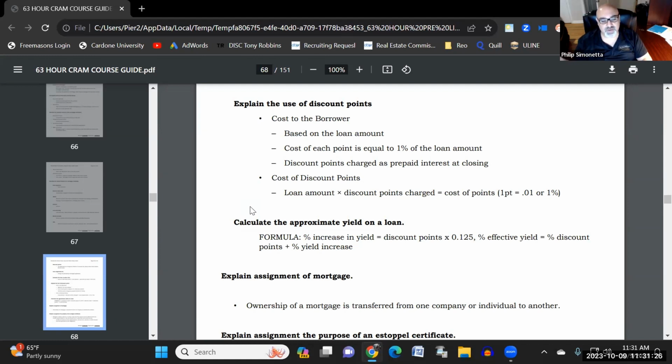That'll be your yield increase. Then you take whatever your rate is, add 0.375, and that gives you the yield on the loan for your APR. Do you see how that calculation works 2 ways? It's 1% to buy them, and then 0.125 for each one to figure out the yield. Does that make sense? Yeah, it makes sense.